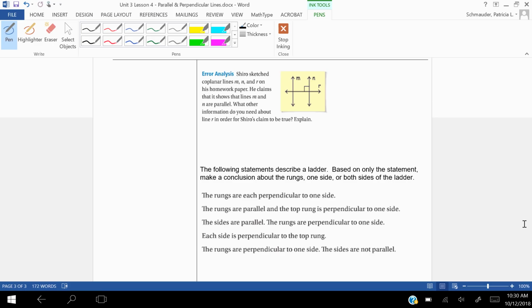Here's what I think. I think that I also need to know that R is perpendicular to M. If he had shown me that R is perpendicular to both of those, then I could have used the theorem that says if a line is perpendicular to one of two parallel lines, then it's perpendicular to the other.